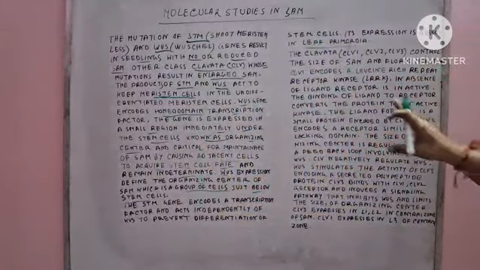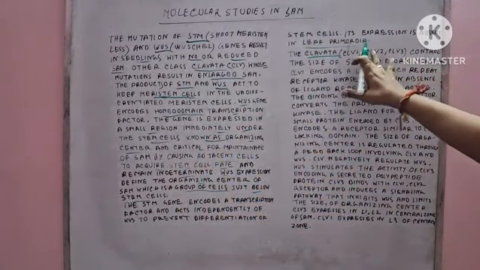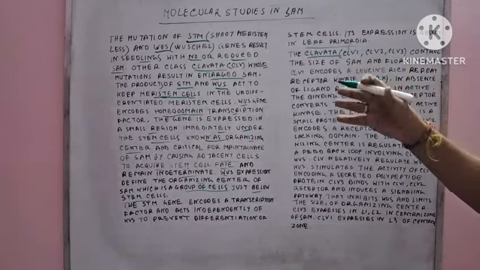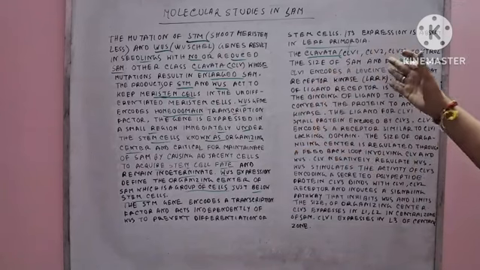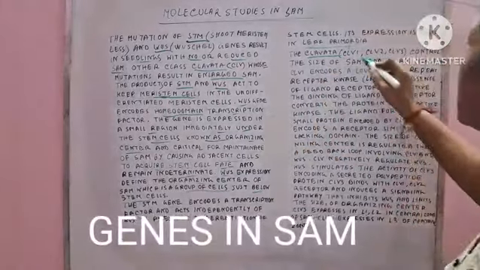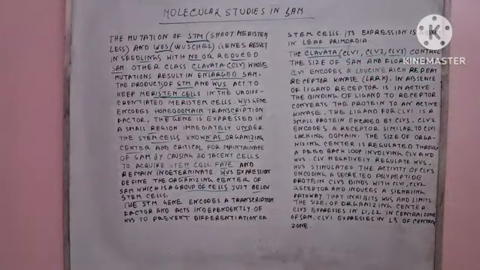Now another gene, that is the CLAVATA. It has three subfamilies, or three types of gene seen there: CLV1, CLV2 and CLV3.